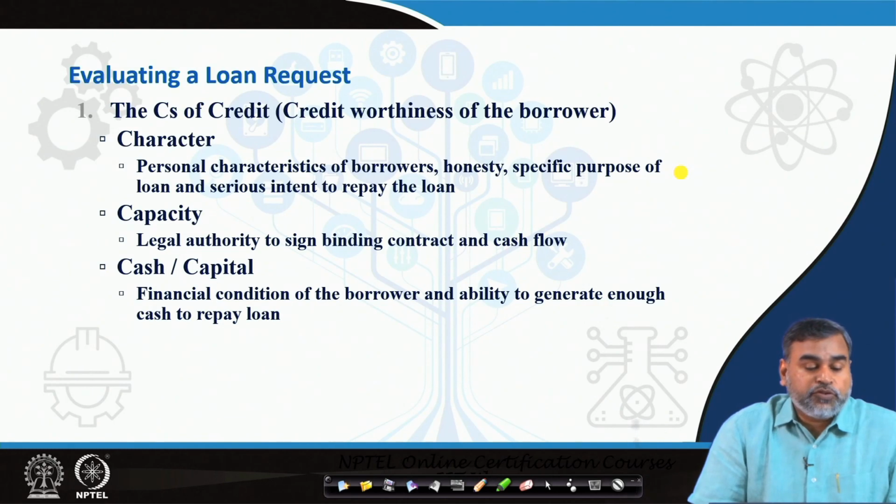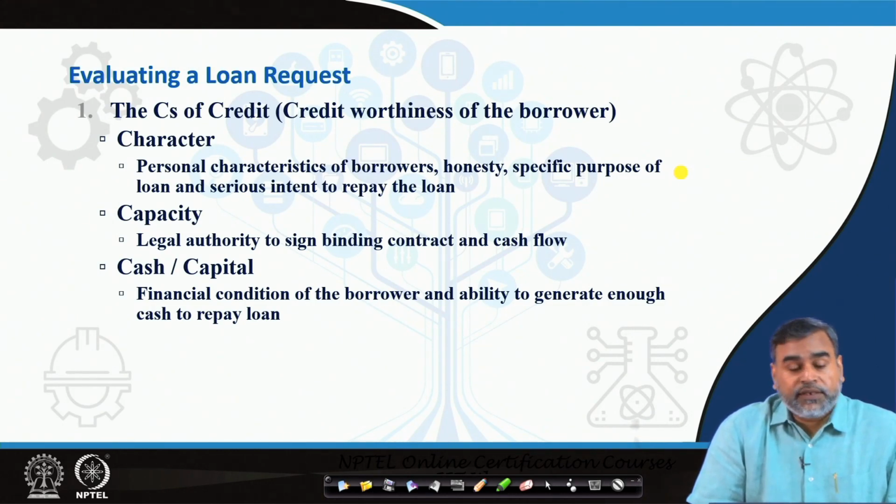Then the specific purpose of the loan, for what purpose the person is taking the loan, and his willingness to repay the loan. Again, it is difficult to measure, but still the credit history of that person can tell you whether they have a serious intent to repay the loan or not, whether this person will run away with the money or they have a real intention to repay the loan in the future, whatever loan they have taken from this particular bank. The first C stands for this.